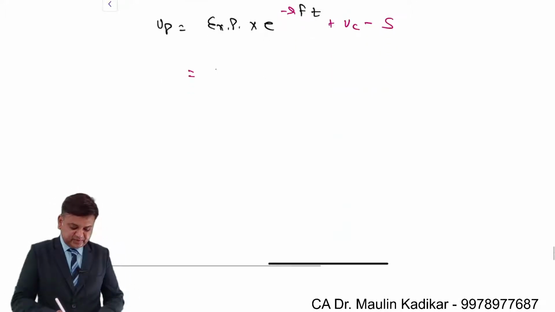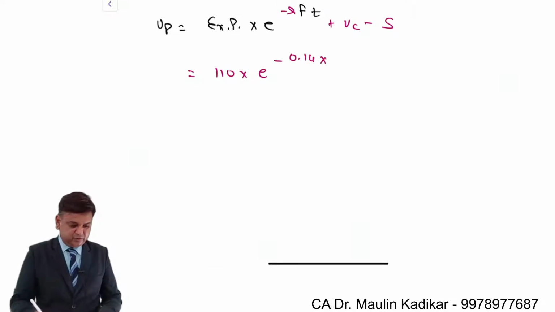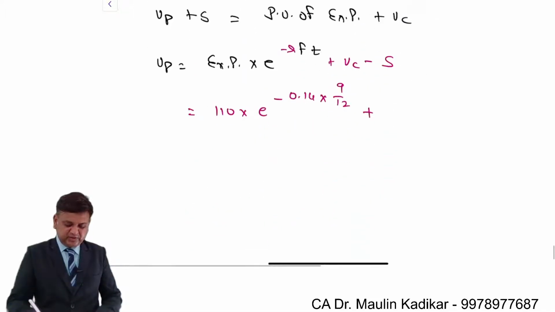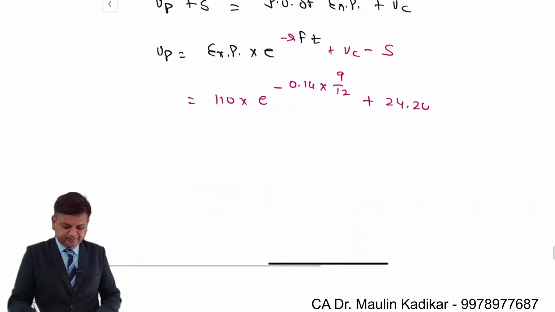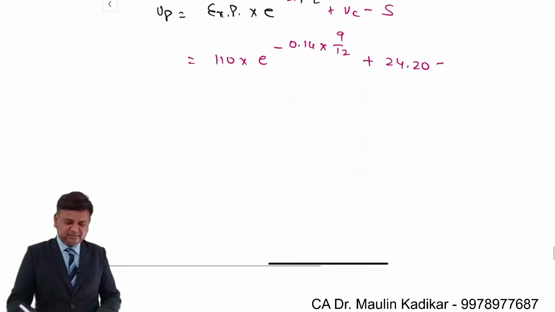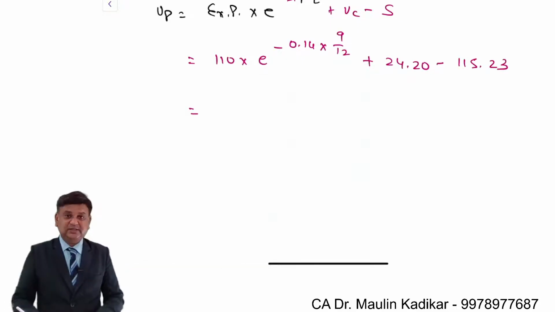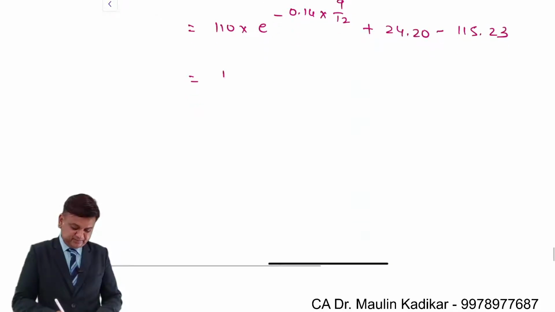What is exercise price? 110 into E raised to negative RF 0.14 into time period is 9 divided by 12 plus value of the call is 24 rupee 20 paise minus spot price is 115.23. This is the way we have to keep the equation.